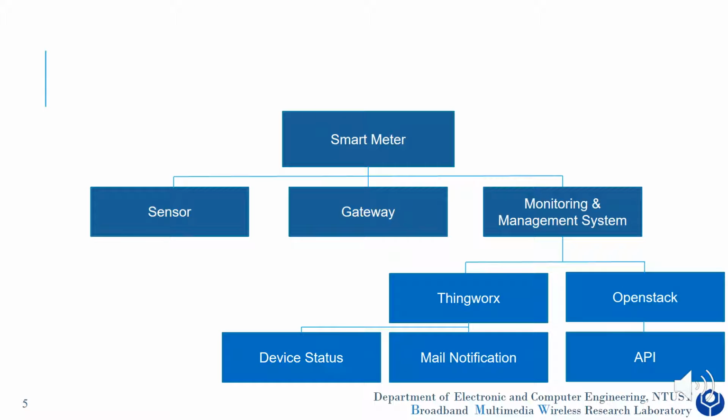This is the diagram for the smart meter that I described, divided into three parts: a sensor, a gateway, and a monitoring and management system. For the commissioning stage, in the current stage, we need to make sure that the sensor and gateway work properly.